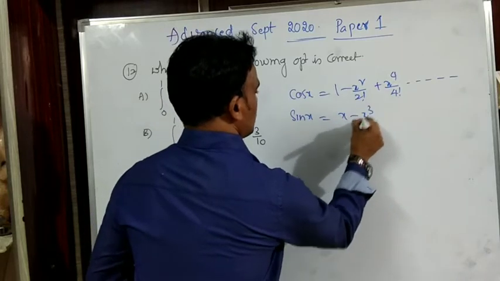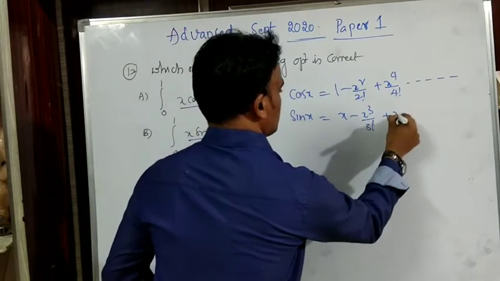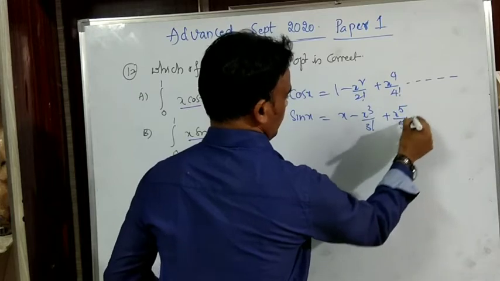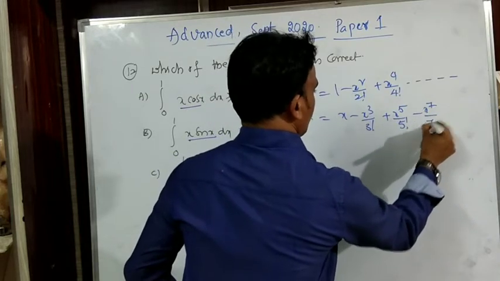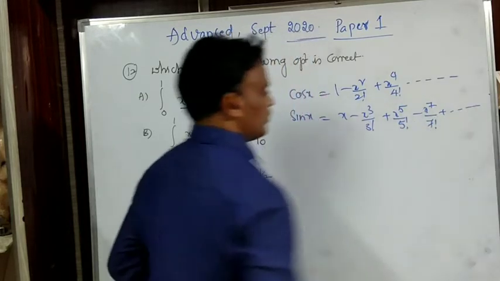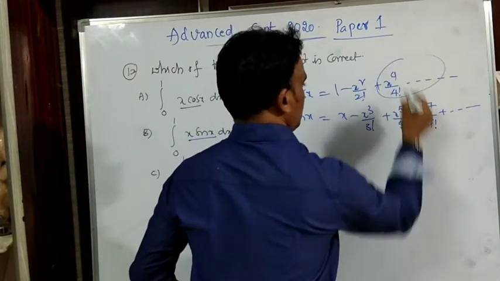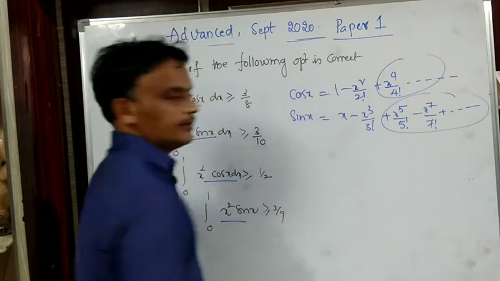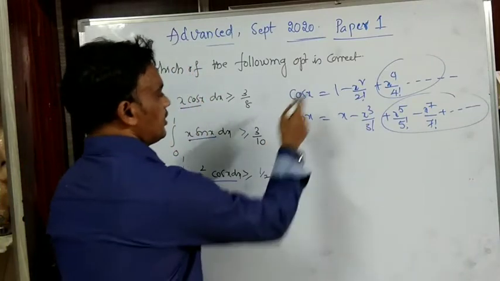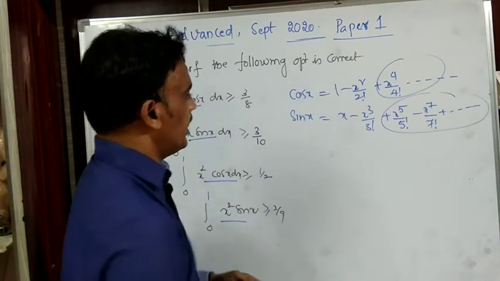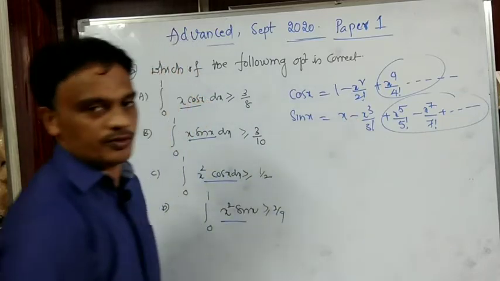X minus x cube by 3 factorial plus x power 5 by 5 factorial minus x power 7 by 7 factorial and so on. In that case, please neglect the higher powers. I can take cos x as 1 minus x square by 2 and sin x as x minus x cube by 3 factorial.